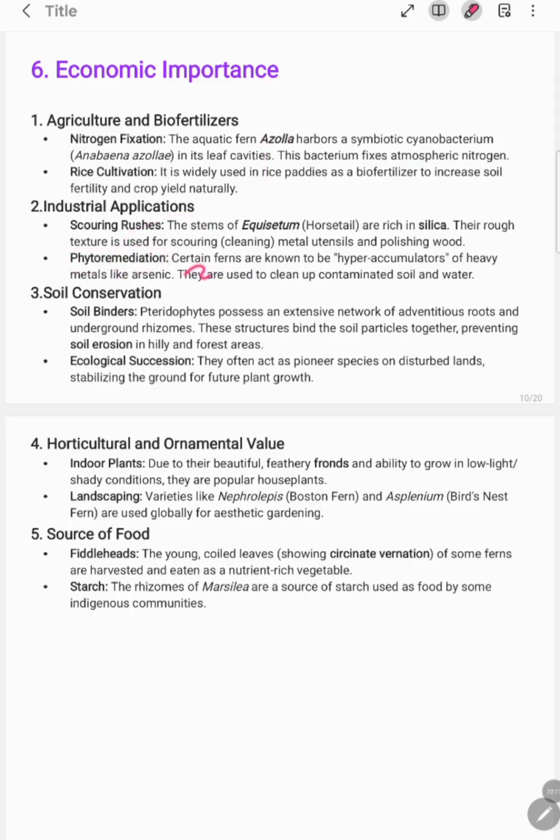Okay, so certain ferns are also known to be hyperaccumulators. Okay, they are known as hyperaccumulators, meaning they accumulate the heavy metals such as arsenic in them. So indirectly they are helping in cleaning the contaminated water or soil.